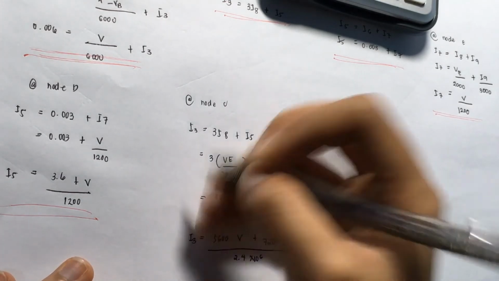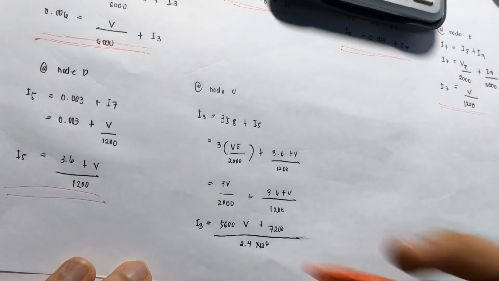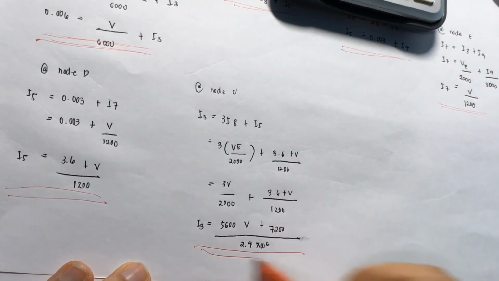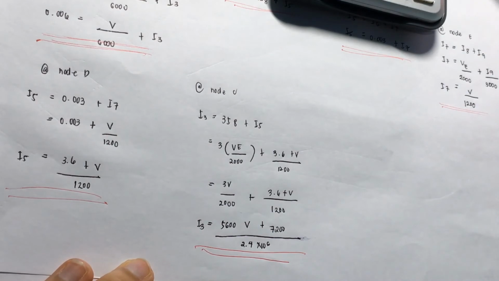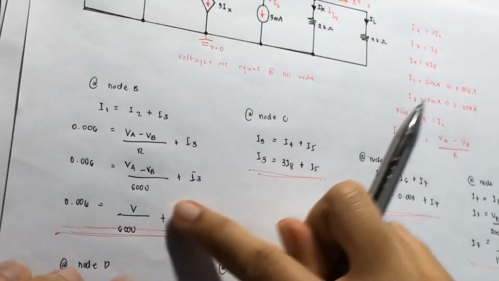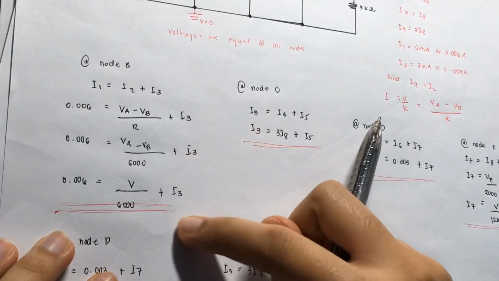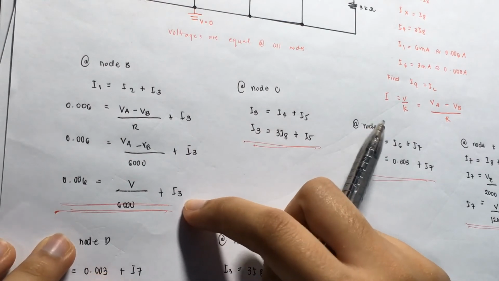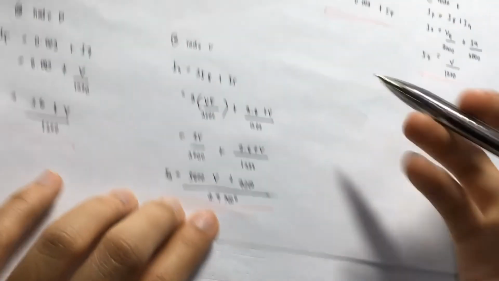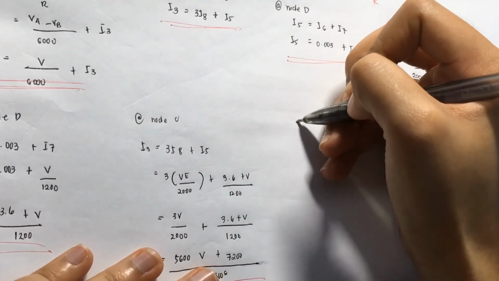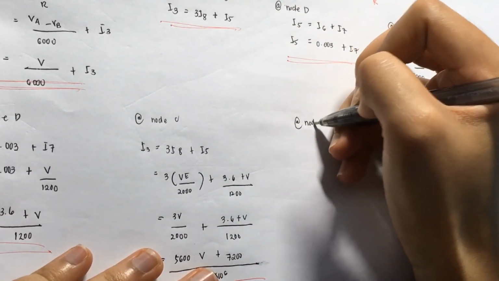So we already have I3. Then, mabalik na sad ta kang node B since I3 here is unknown and we already identified the I3. So, let's go back and substitute node B.